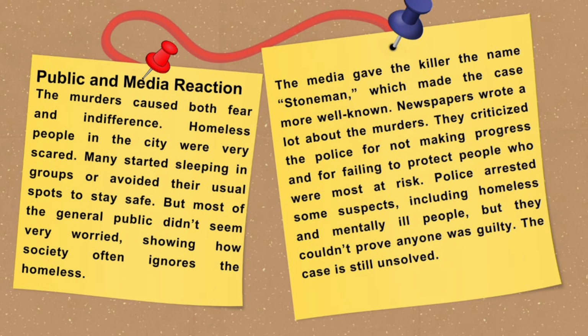And the media gave the killer the name Stoneman, which made the case more well known, and newspapers wrote a lot about the murders. Media blamed police for not making progress or failing to protect the people who were most at risk. Police arrested some suspects, including homeless and mentally ill people, but they couldn't prove anyone was guilty, and the case is still unsolved.